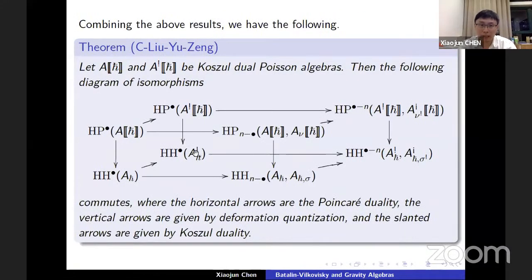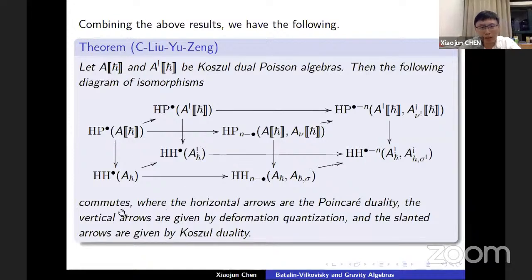So now combining the previous results, we have the following cube. So let A_H and A^! _H be Koszul dual Poisson algebras. Then you see we have the following diagram of isomorphisms. It's a little bit complicated. So the top square are Poisson homologies in various senses, and the bottom are the say Hochschild homology or cohomology in appropriate sense.